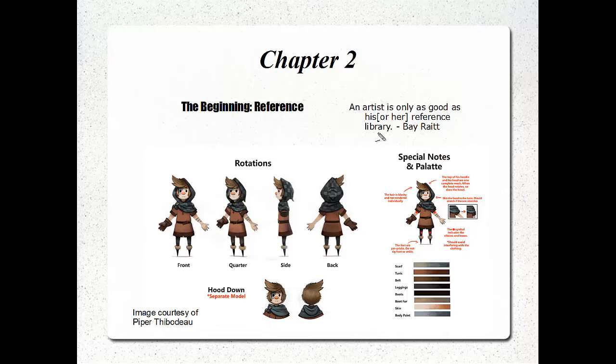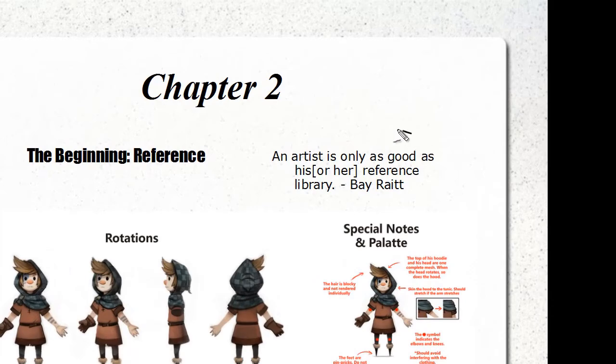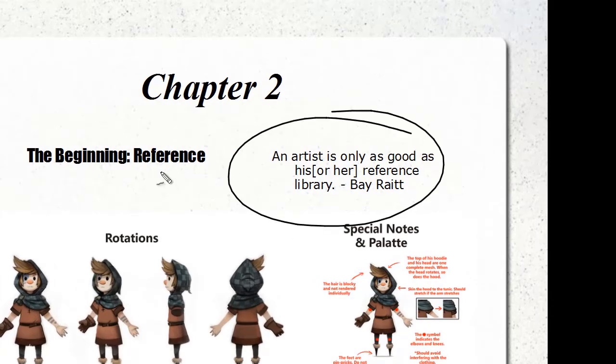So, in 2005, I have this little quote right here that says, "An artist is only as good as his or her reference library," said by Bay Rate in 2005 at a ZBrush convention in San Francisco. It was one of the first little user group conventions that the Pixelogic company had held, other than going to SIGGRAPH.